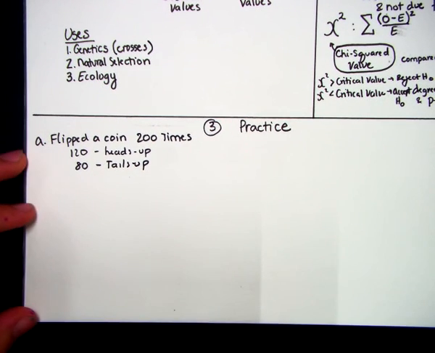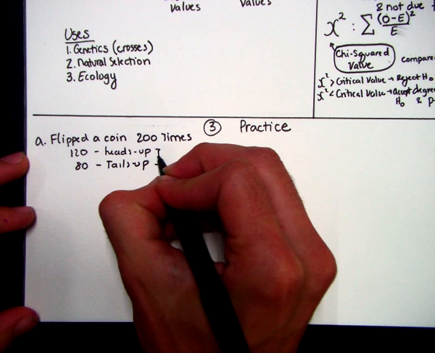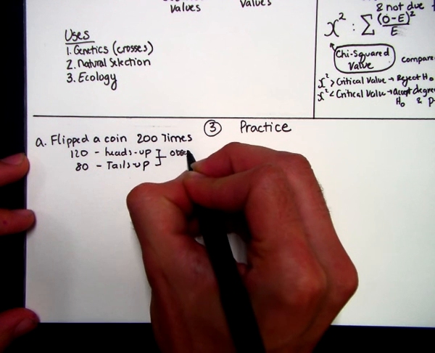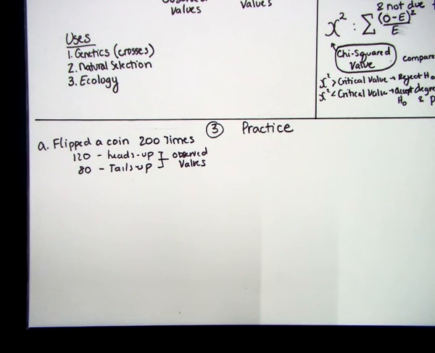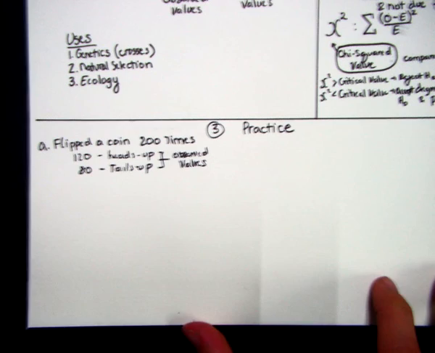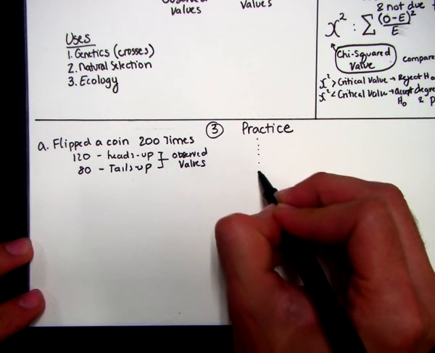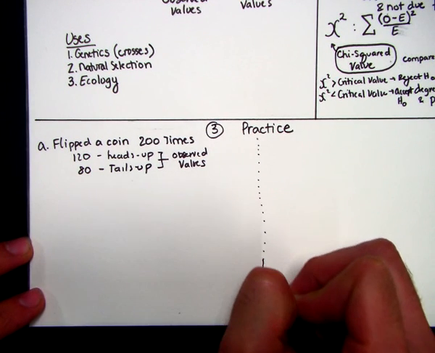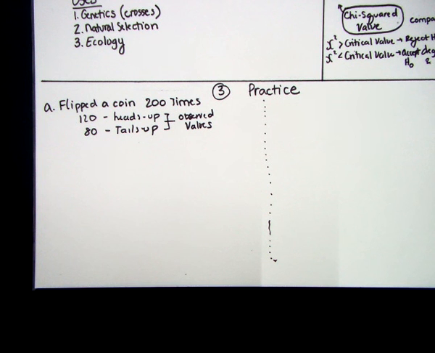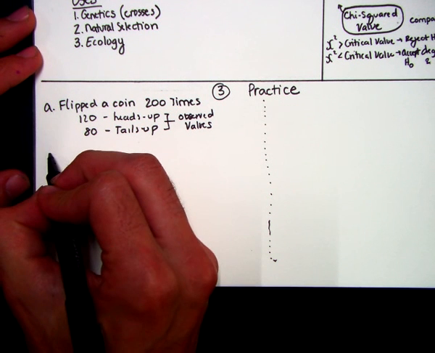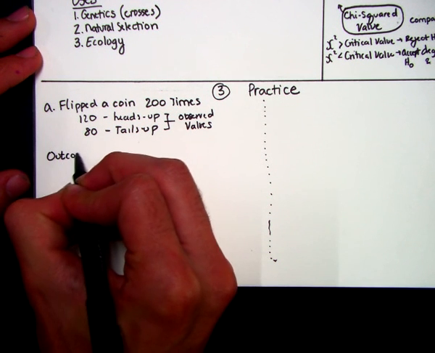All right, so these are observed values. What we want to do is perform a chi-square test on those results to see what we get. So first of all, we're going to identify outcomes.